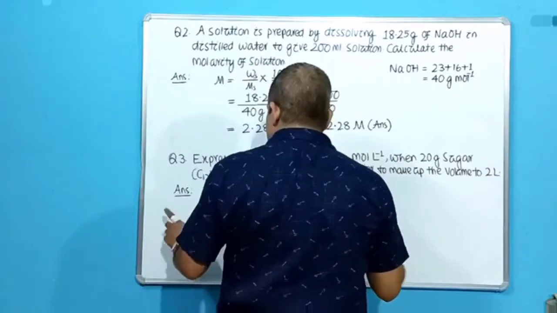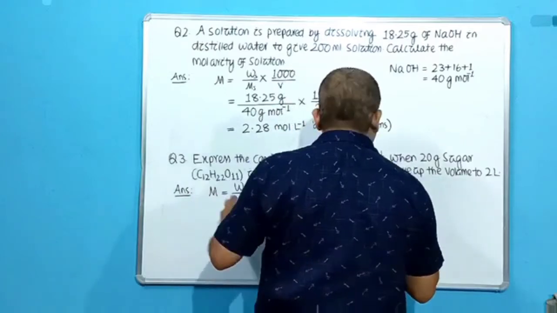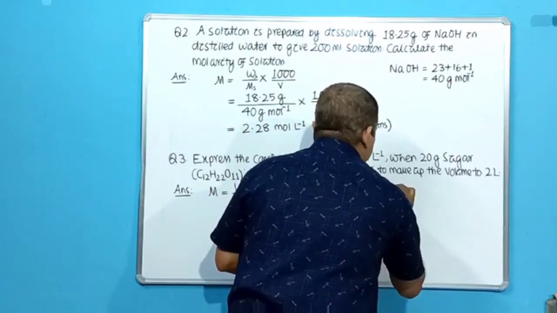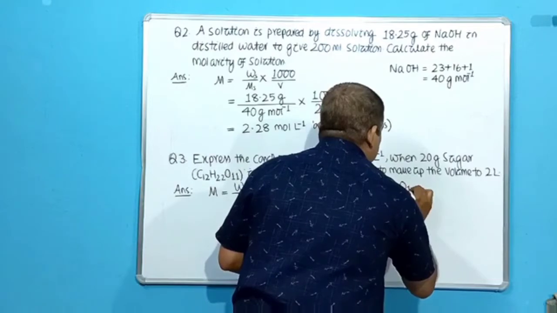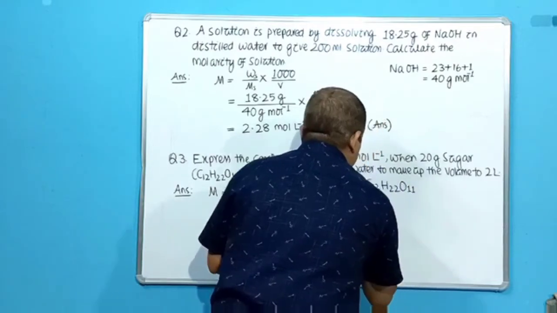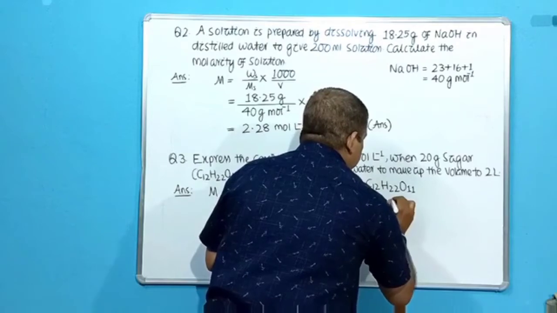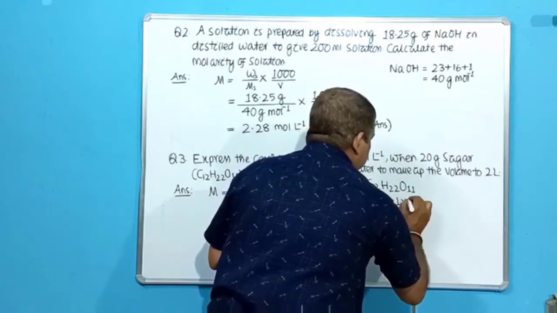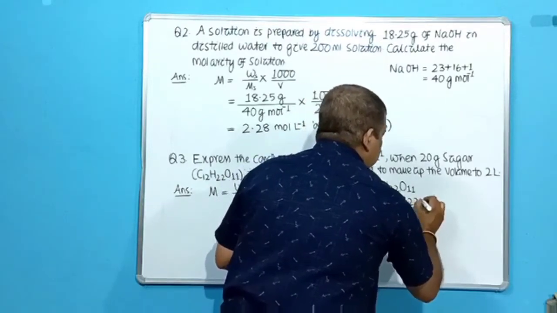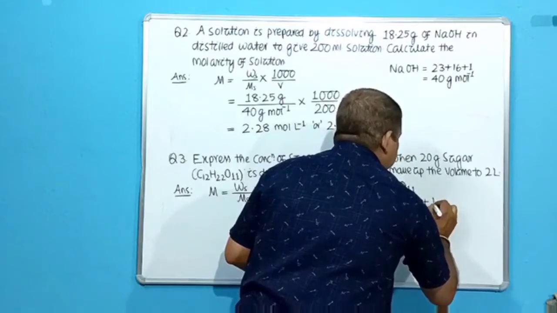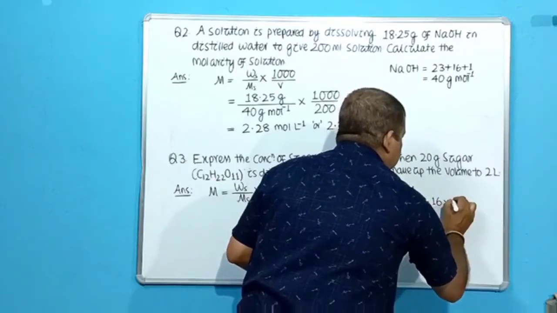So let us first find out the molar mass of the solute. What is the solute here? The sugar, C12H22O11. So 12 into 12, plus 1 into 22, hydrogen is 1, plus 16 into 11 atoms.